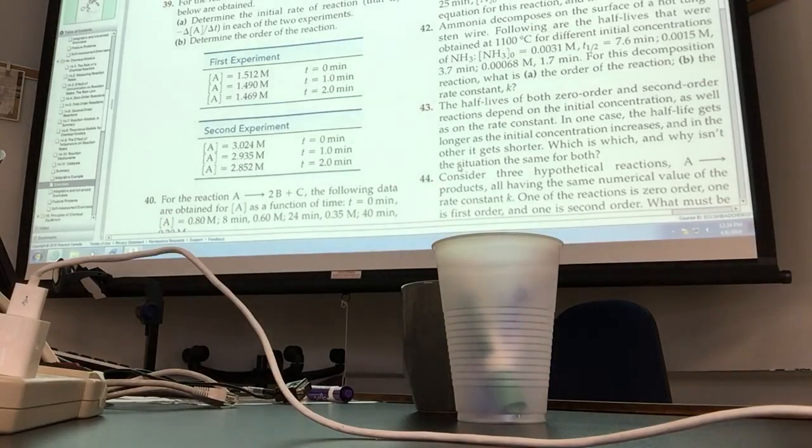And so we're going to extend the data table. In fact, what we're going to do is take the time, the concentration of A, then the ln of A, and then 1 over A. Okay, so this is the experimental data here.